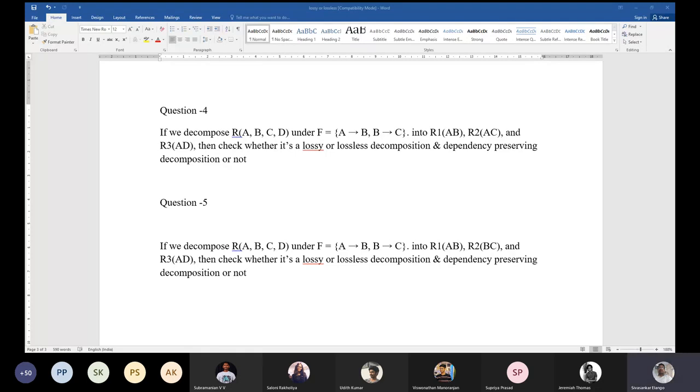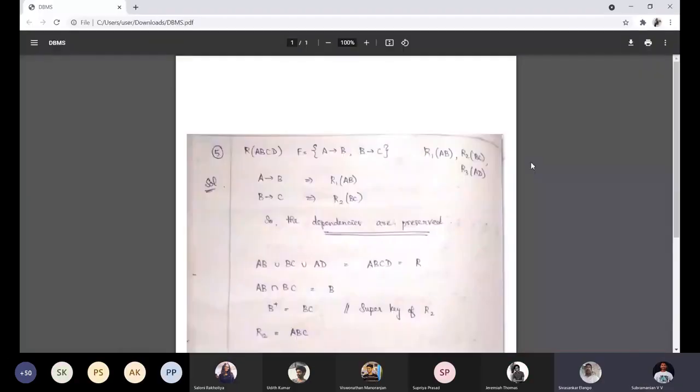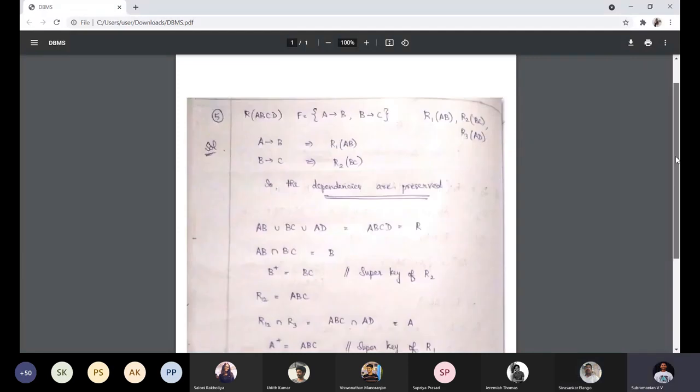You have done it completely, right? Yes, sir. Okay, you can share it. I will get you some other problem to work out. Subramaniam, once you complete, or if you have done it, you can share it. Yes, sir. Is my screen visible? Yeah, it's visible.